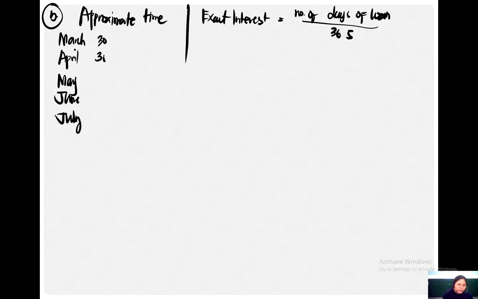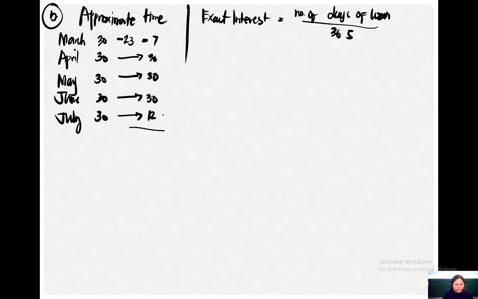So this is 30, 30, 30, then 30. Then the loan date starts with March 23. So we subtract this to 23. So the answer is 7. Then copy everything until June. Okay, so July, the due date is 12. Then add them together. So the answer is 109 days.